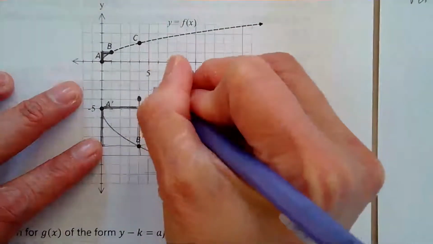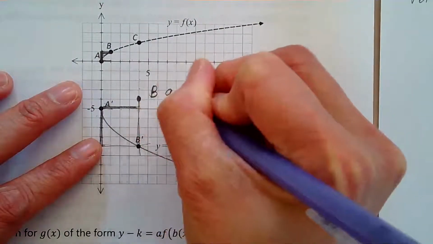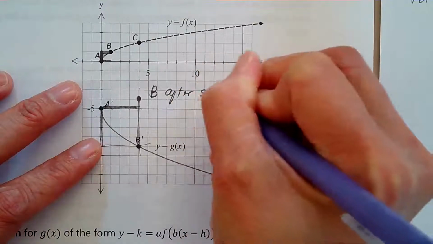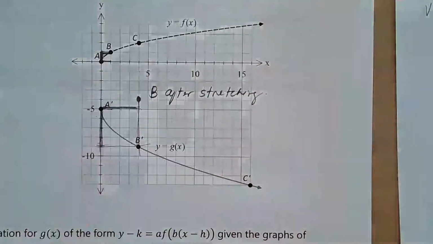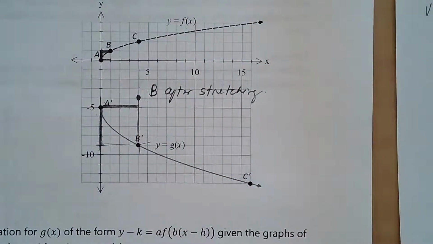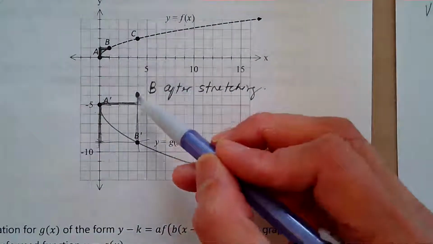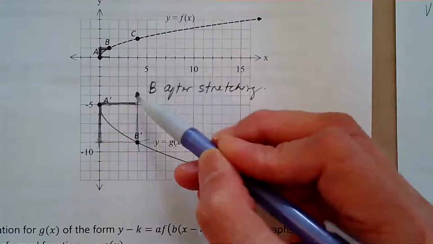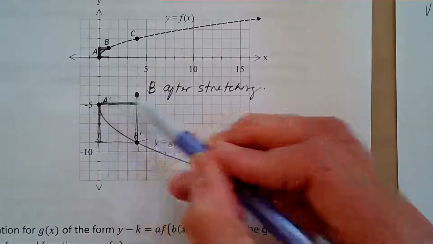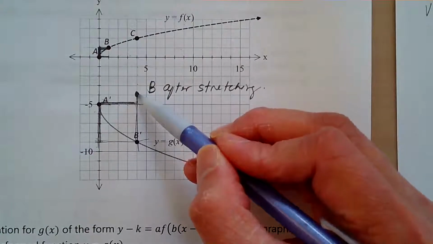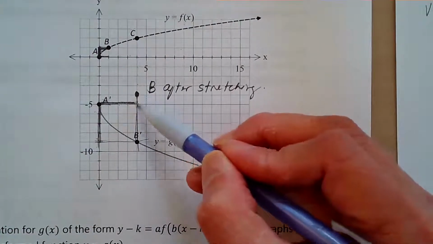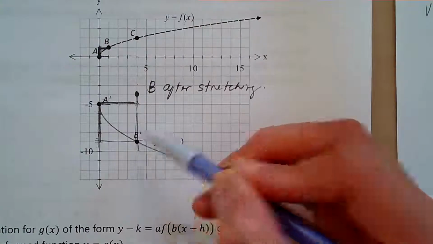So this is the B after stretching. Now the only thing left is the translation. Did it move left and right? No, it just went down by how much? By 5. 1, 2, 3, 4, 5.